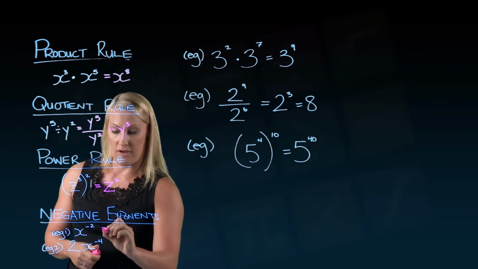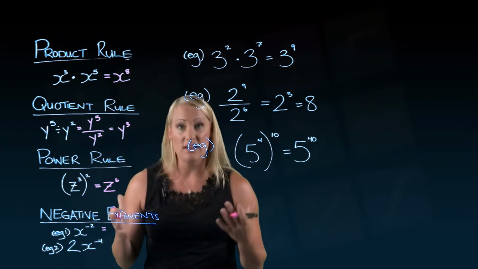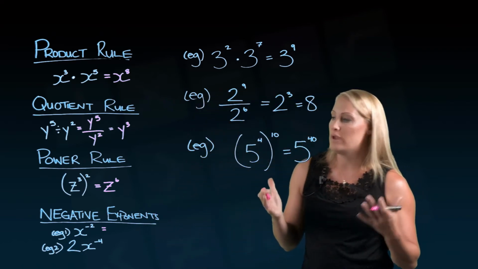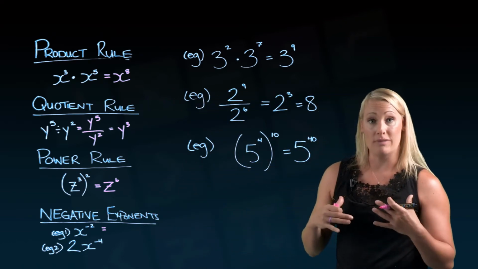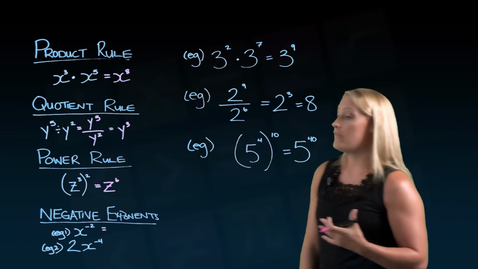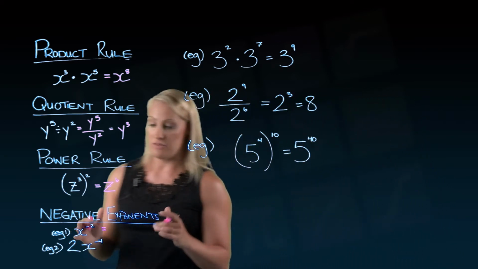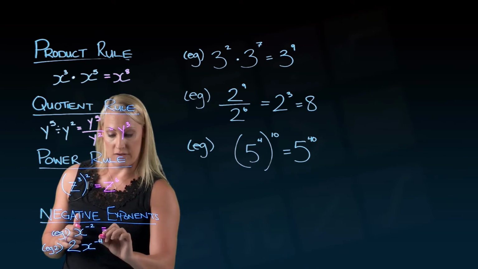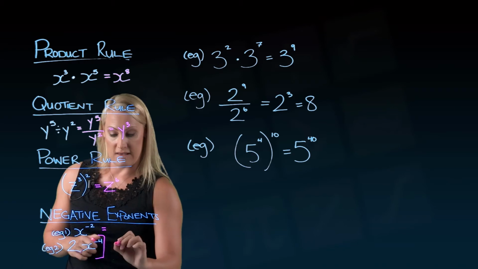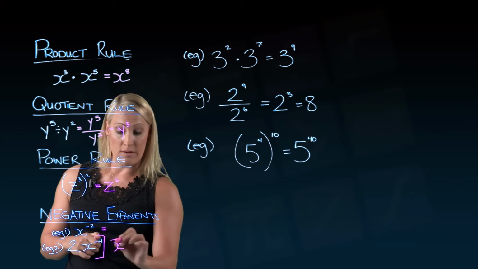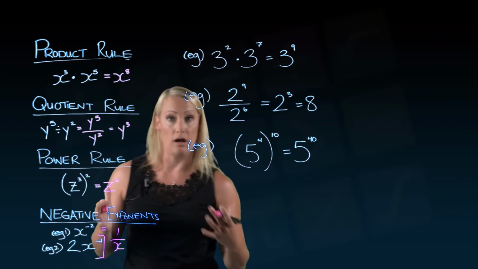So I've got x to the power of negative 2. Now, final answers in math should always be written in the most simplified form. And in the most simplified form, we shouldn't have any negative exponents. So if you have a final answer with a negative exponent, here's how you deal with it. Take this x value, the base, and we are going to put it on the bottom of a fraction with a 1 on top.